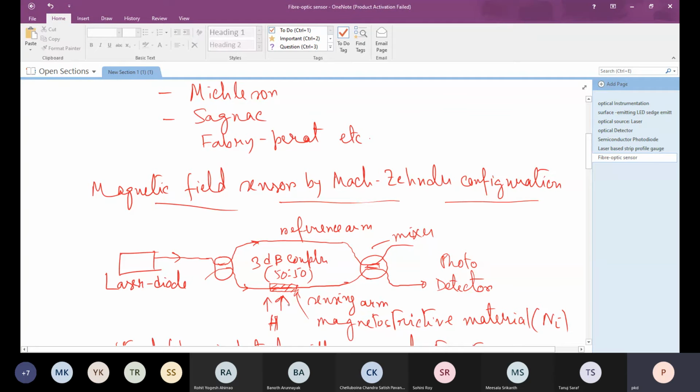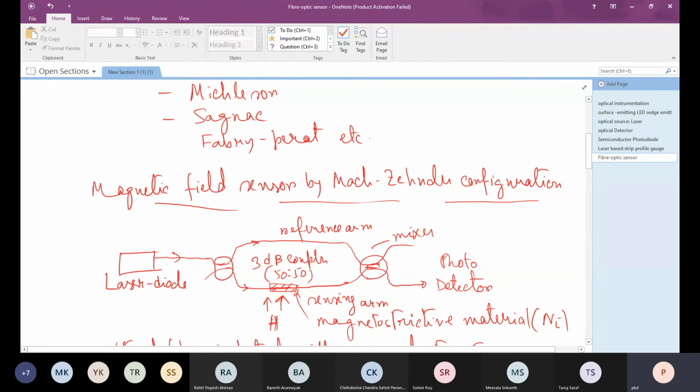So it has to be put in a box, and then we have an aperture through which the magnetic field is induced to the sensing arm, which is exposed at a place of that box.